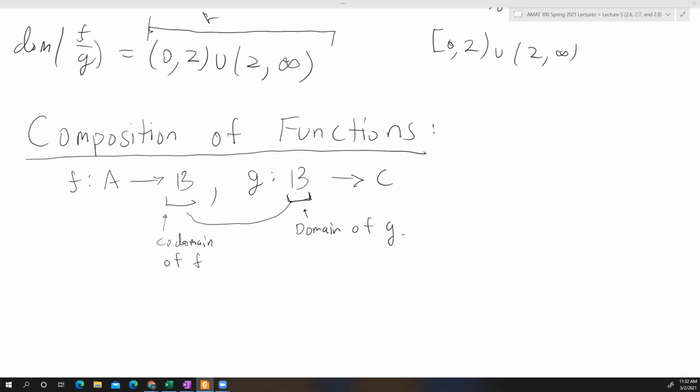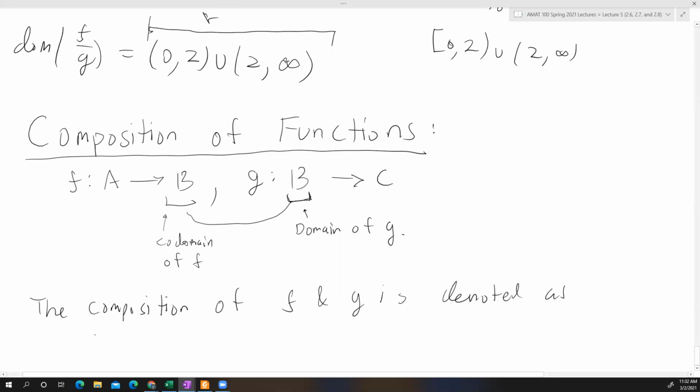So given these functions, and given that these sets match up, the composition of f and g is denoted as f circle g, or f compose g.